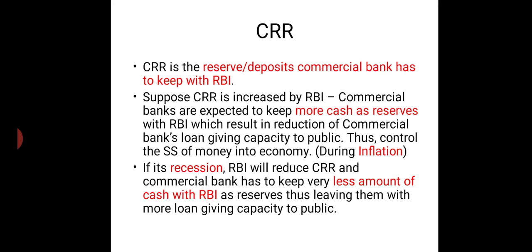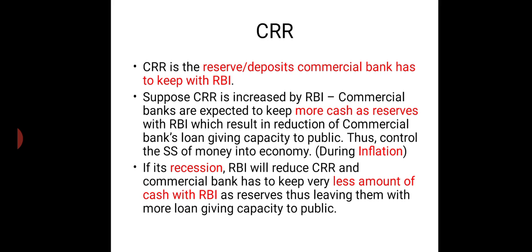Now the commercial bank has to keep only 4% of the reserves as cash with RBI. So now they have more money to give as loans. They can give more loans to the public. They will give more loans, investment will increase, production will increase, income will increase, people will have more income with them, which will result in an increase in demand and the prices will increase. So the deflation situation will be covered.